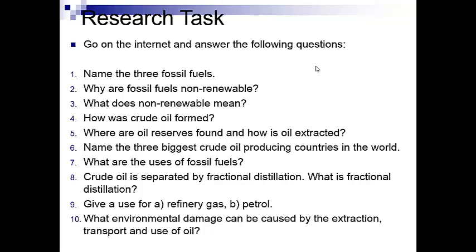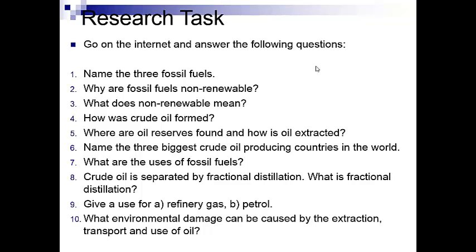What are the uses of fossil fuels? So coal, oil, natural gas. Crude oil is separated by fractional distillation. What is fractional distillation? So you want to say crude oil is heated into a vapor. It is then condensed into liquids and the fractions are collected according to chain length and boiling points.